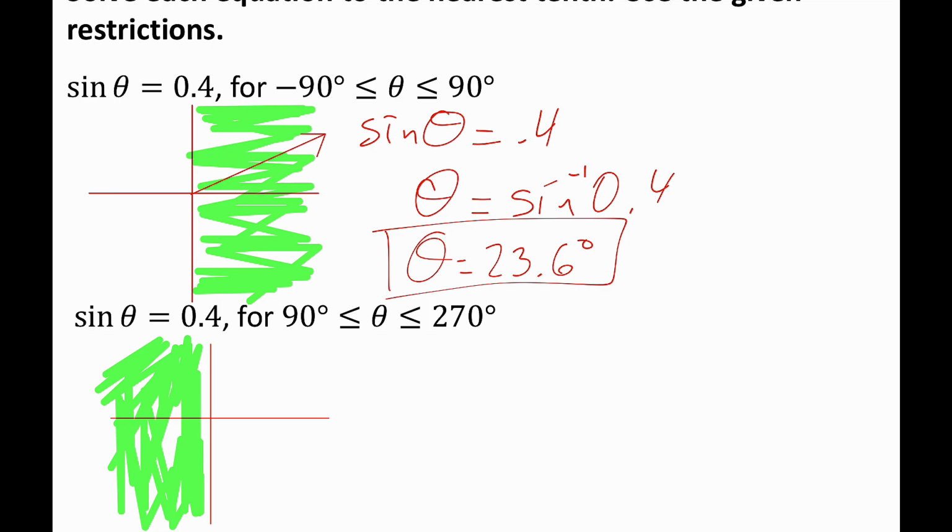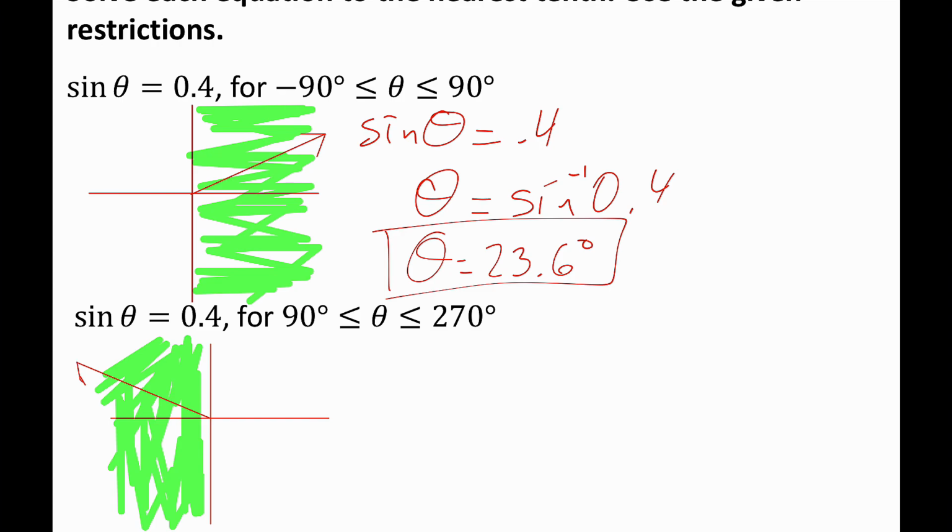So we're looking for the sine of some angle equals 0.4. Again, the sine is positive, so we're still talking about some angle up here. We're actually mentioning quadrant 3 for once, but we're still not going to use it, not in this example. We're talking about an angle over here.